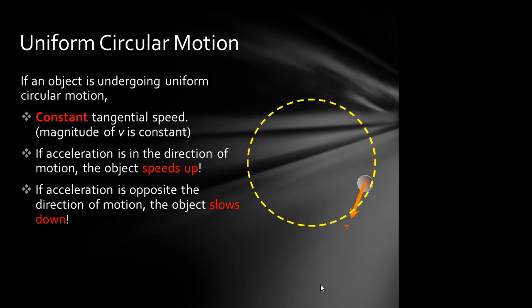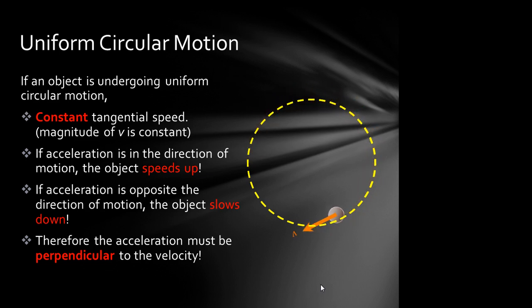But my object is not slowing down. So there's only two directions left. Which two directions? Right, inside and outside. Either it's pointing towards the center or it's pointing away from the center, perpendicular to the direction of motion. Of course, there's only one that makes sense, which means it's pointing towards the center all the time.